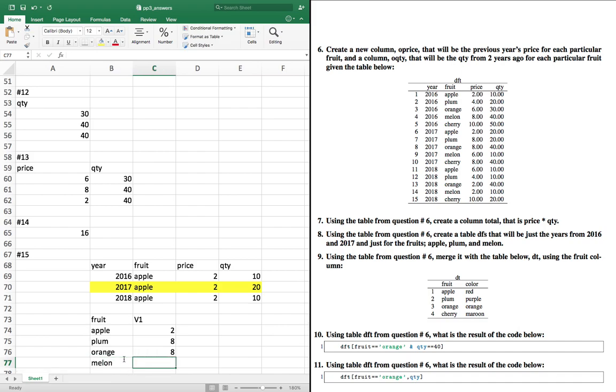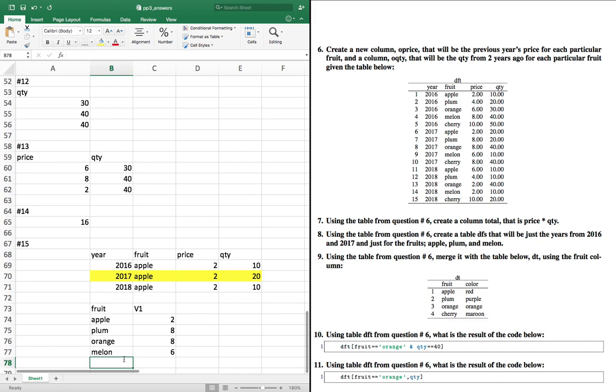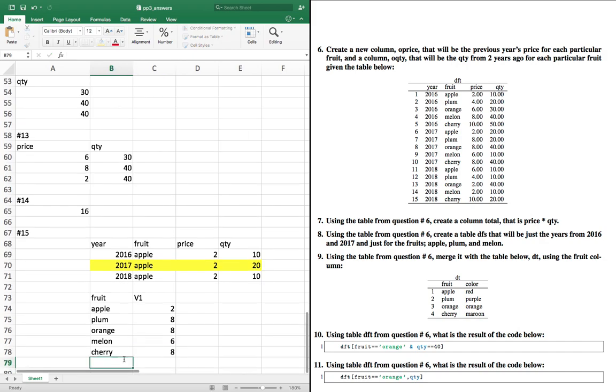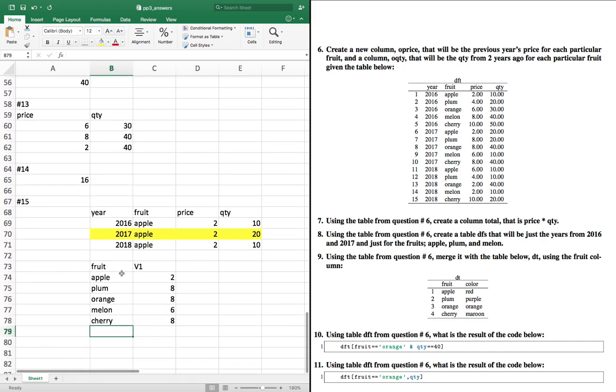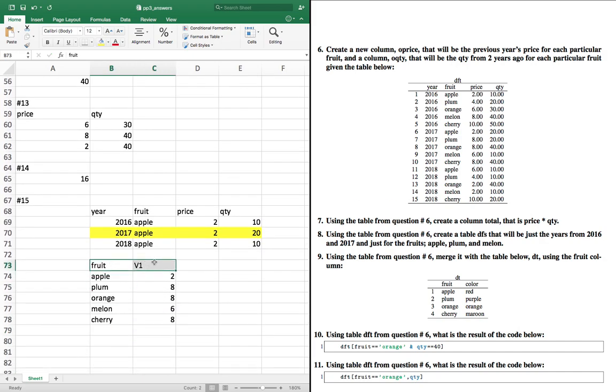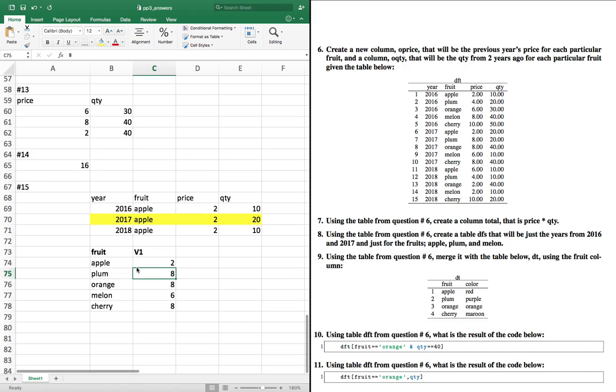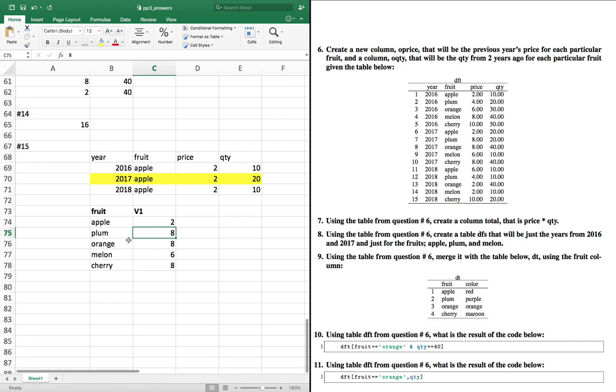Melon will be 6. And cherry will be 8. And this is what we end up with, guys. Obviously, this is the column name right there. And this is number 15. This is the answer to number 15 right here.